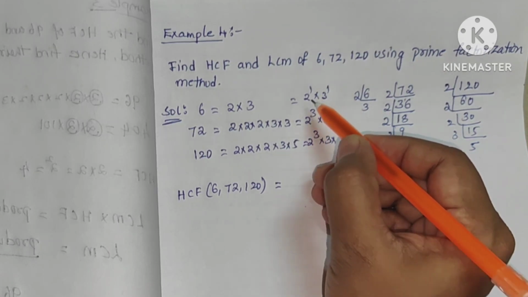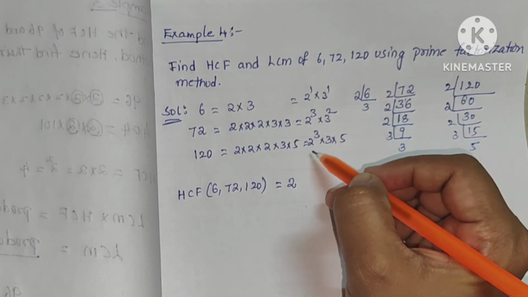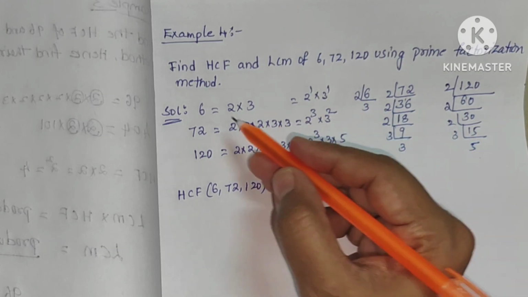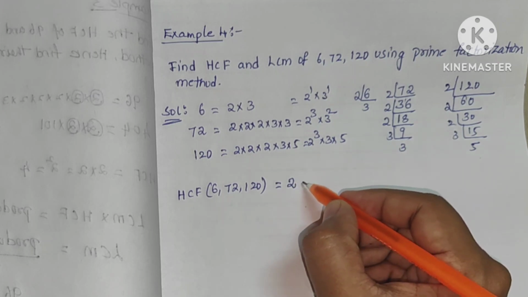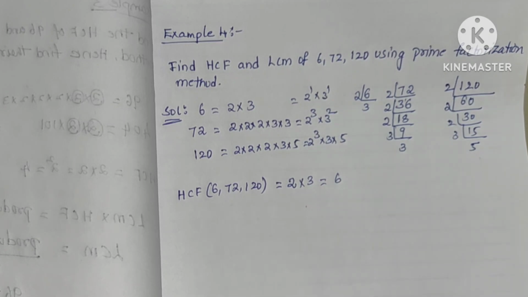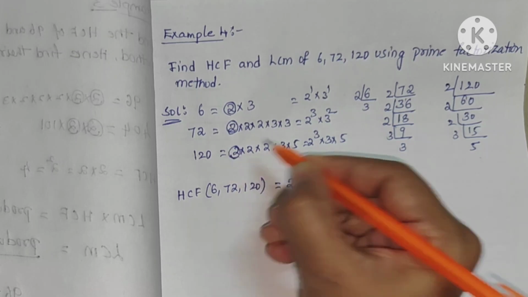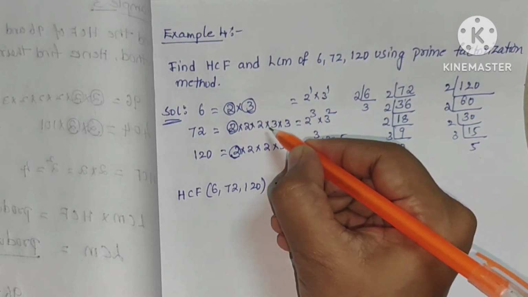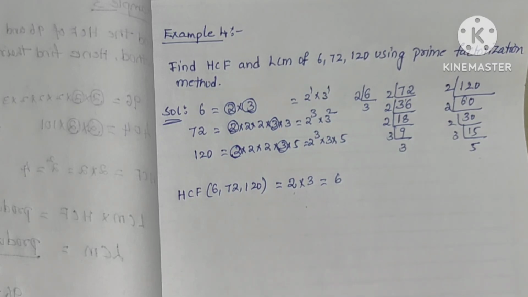That is the smallest power 2. And another common factor, 3. 3 is there in the 6, 72 and 120. So smallest only 3 power 1. So it is 6. Simply the common factors, 2 into 3, 6.